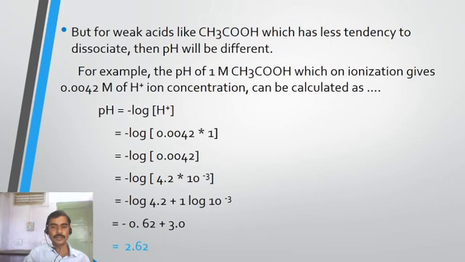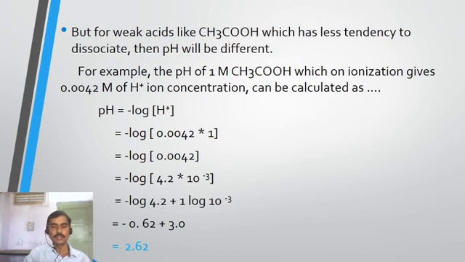By applying the logarithm rule, log A into B is equal to log A plus log B, we get pH equal to minus log of 4.2 plus 1 into log of 10 raised to minus 3.